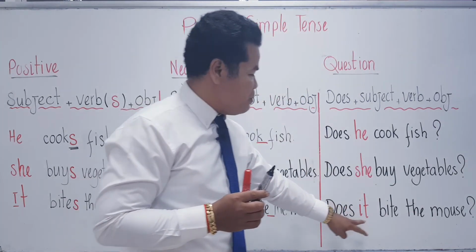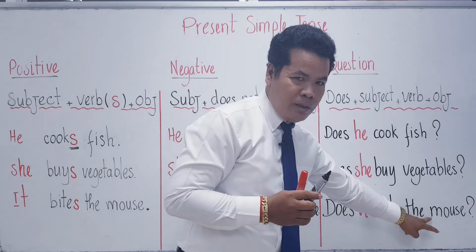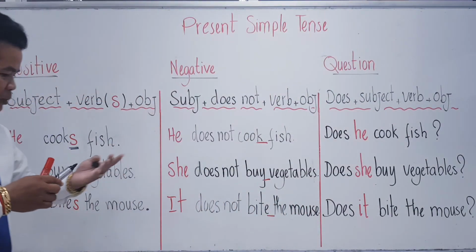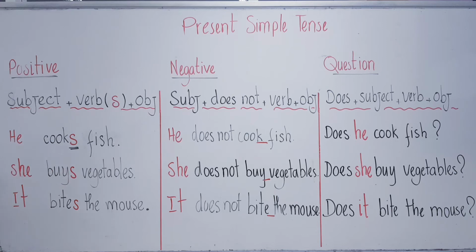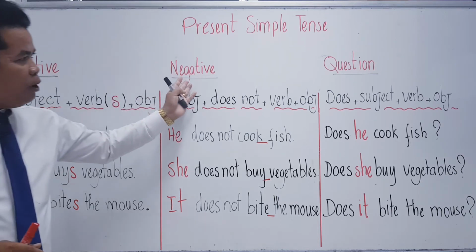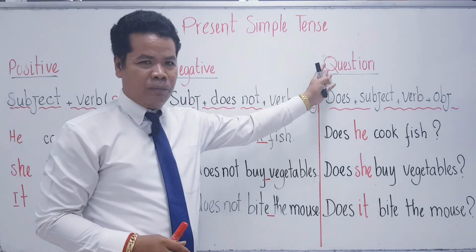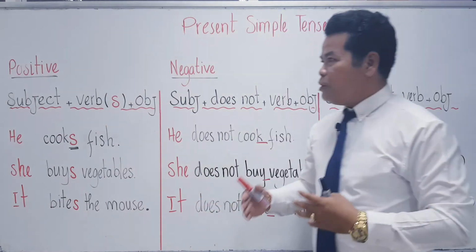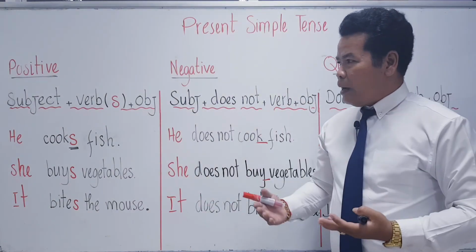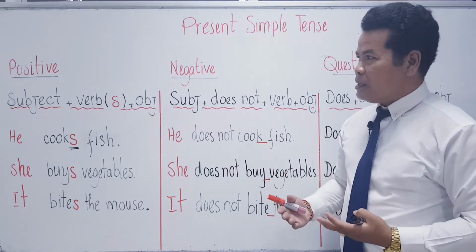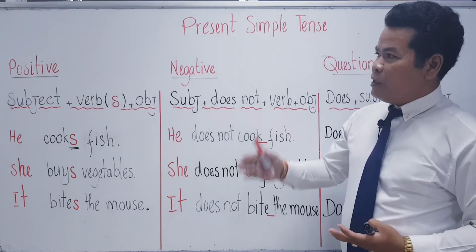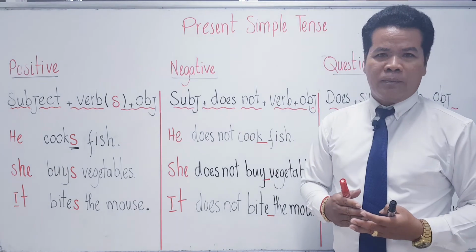Does it bite the mouse? So, if you look at the form, you have positive form, negative form, and question form. Today, I'm going to let you understand and remember exactly how to make the form of the present simple with the third person singular.